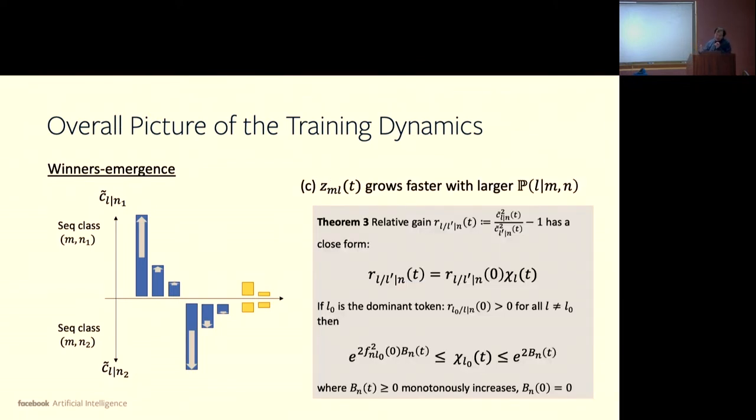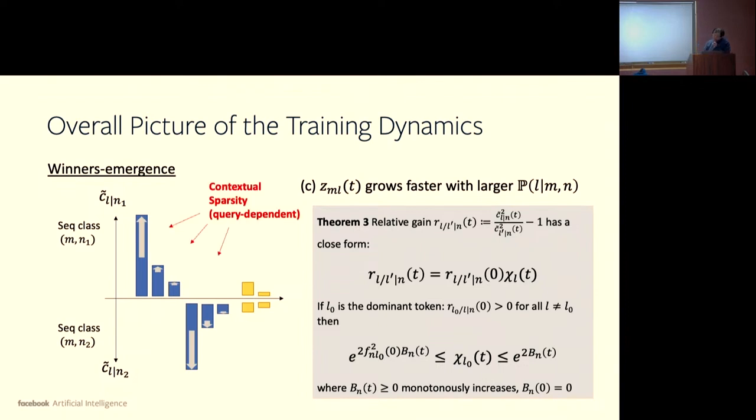We can characterize how it grows faster with a theorem, which tells you the ratio of growth between two distinct tokens. The figure also shows that a distinct token with a very high co-occurrence with the query will grow much faster than a distinct token that only co-occurs with the query with low probability. So you're going to see a very high jump during training.